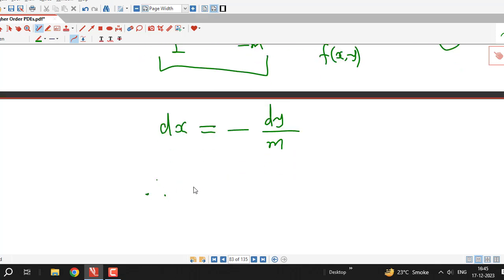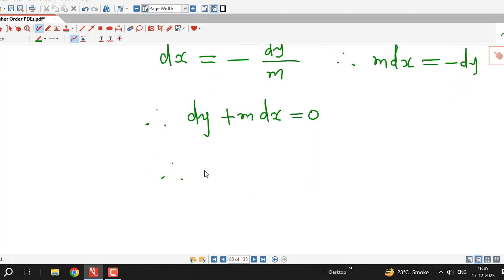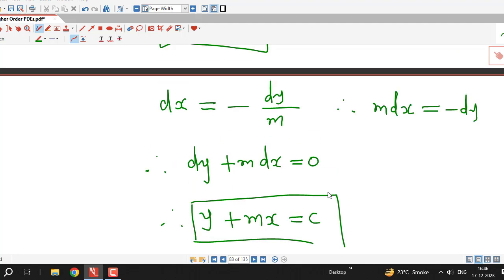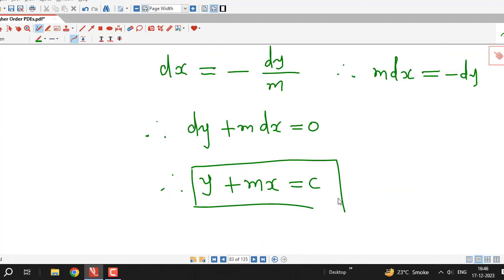So I can write m dx equal to minus dy, or, taking dy to the left hand side, dy plus m dx equal to 0, and if we integrate, we have y plus mx equal to c, where c is an arbitrary constant. So we give this number 4.